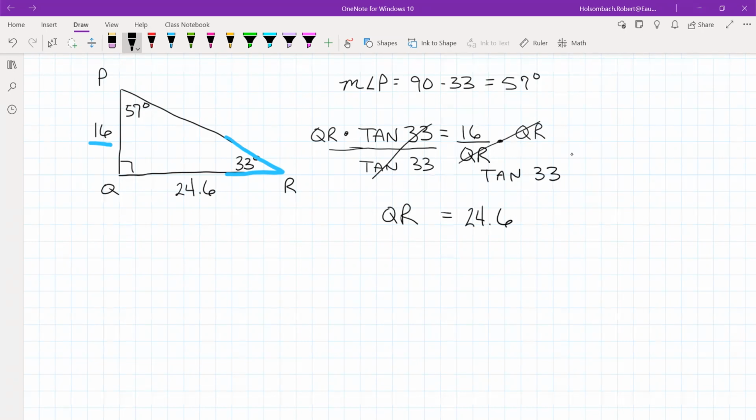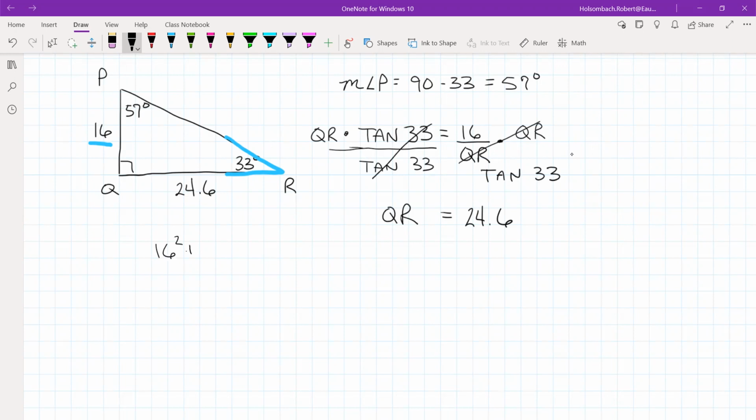Now again, you can use the Pythagorean theorem to find the third side, or you can use opposite over hypotenuse. You could use adjacent over hypotenuse. You could use sine, cosine, or tangent ratios. I'm just going to use the Pythagorean theorem.